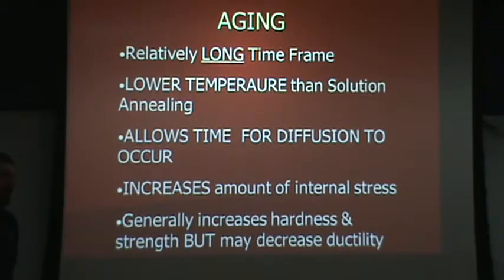At low aging temperatures, you have a very fine distribution of copper precipitates, and you have a fairly high hardness and strength because there's a lot of strain on the matrix. As you go to higher aging temperatures, those very fine particles can collect together, so you'll have fewer particles, but they'll be larger. That results in a reduction in the strain on the matrix, and therefore the tensile and yield strength and hardness come down.